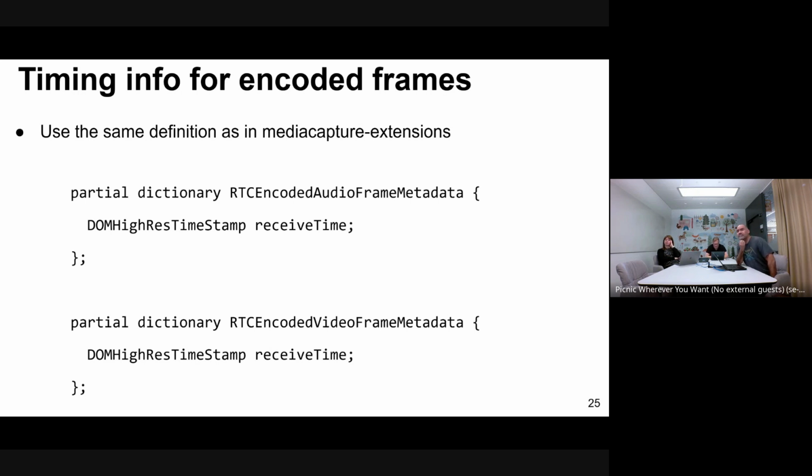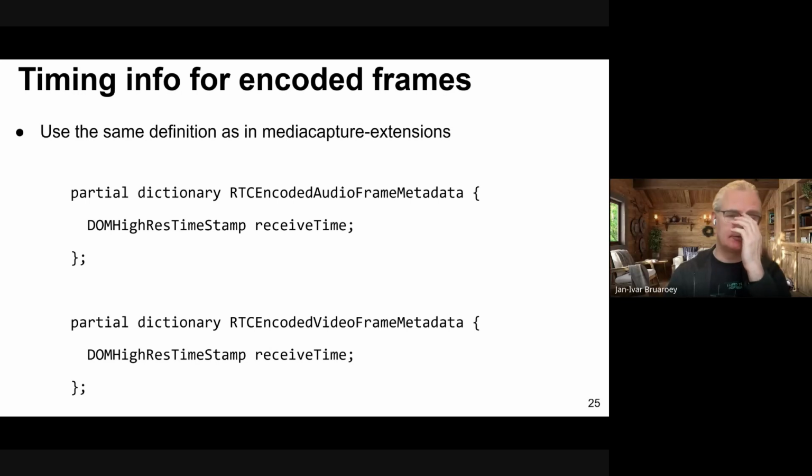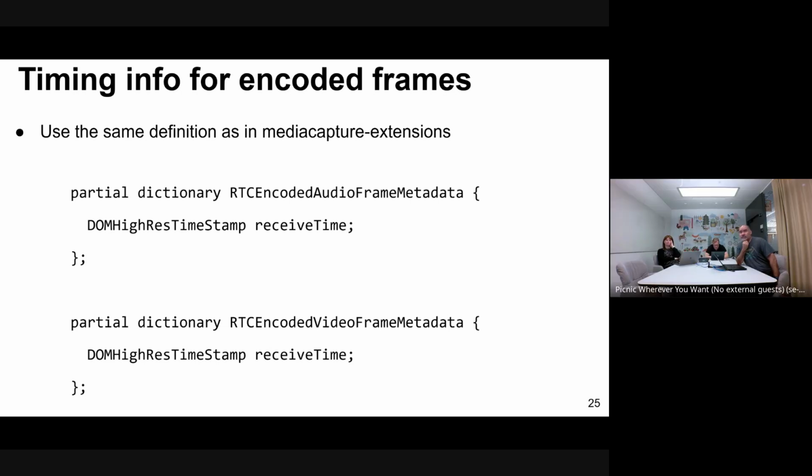Jennifer? Sorry, could you briefly describe receive time? Receive time, we defined it as the timestamp of the last packet that was necessary to build the video frame once you received it. Okay.